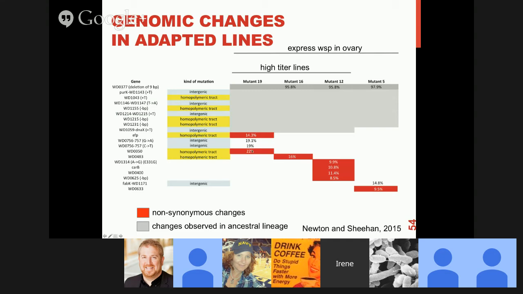Some of them occurred at upwards of 22% frequency, which is extraordinarily high. So it was exciting to us that at only 3 generations of passage, we could enrich for particular mutations in this pool at that high frequency.